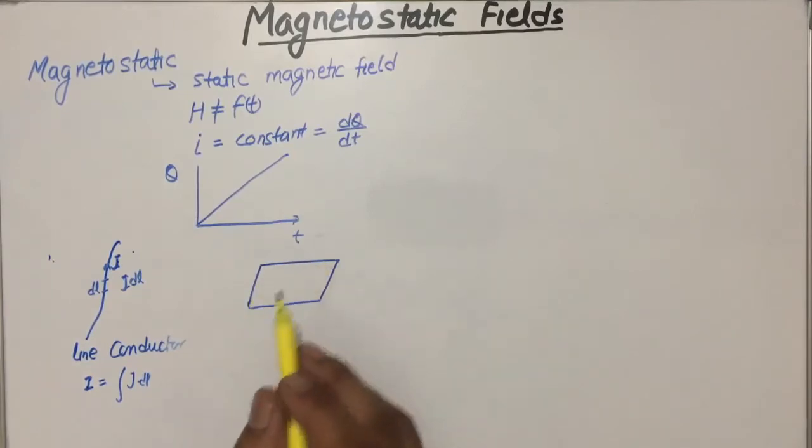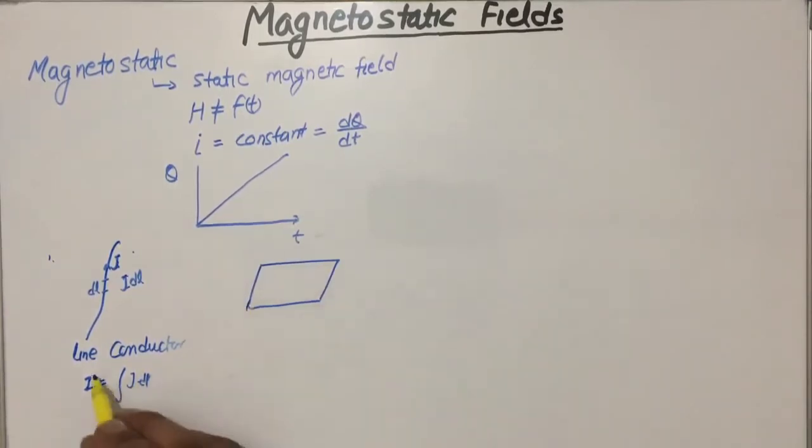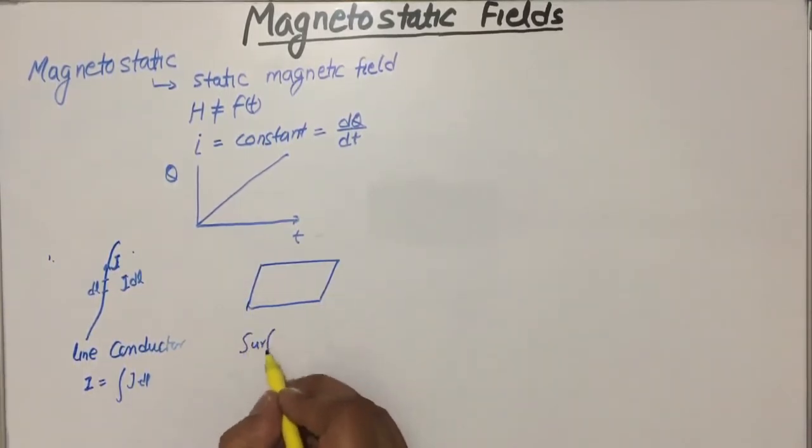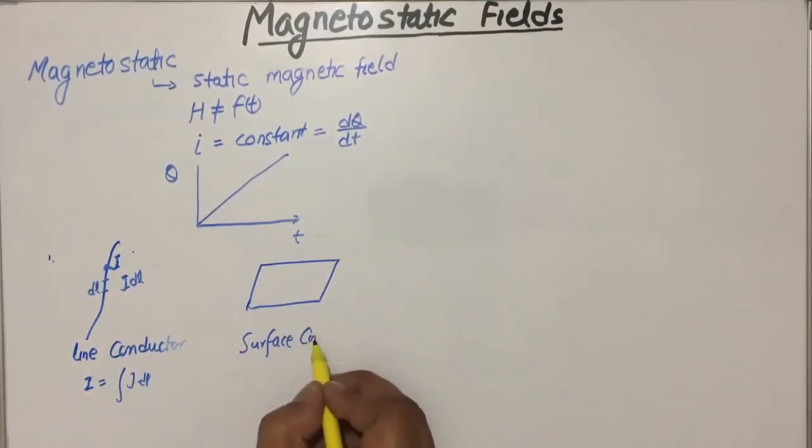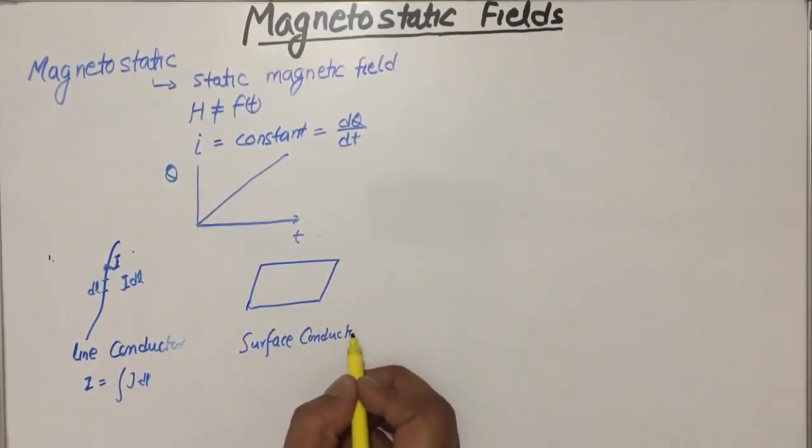Another possible way is the surface conductor. This is a line, this is a surface conductor. In a surface conductor, we can have this understanding from the skin effect. We have studied that in case of AC current the skin effect exists, and the current flows from the surface of the conductor.